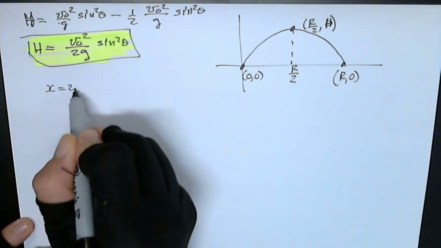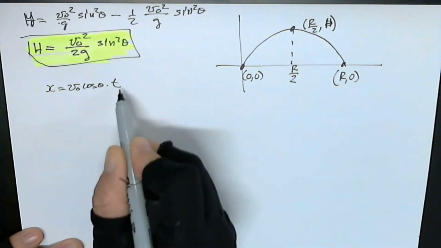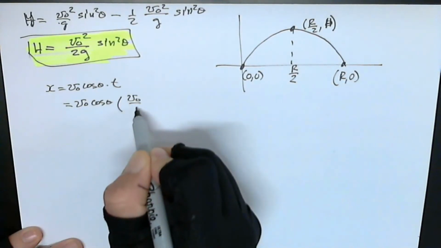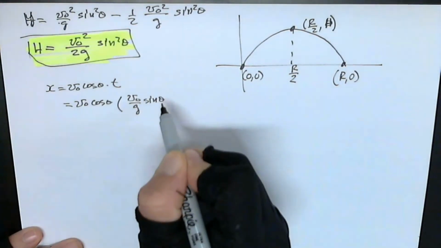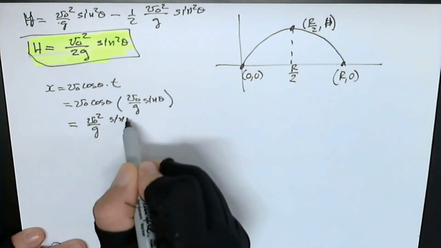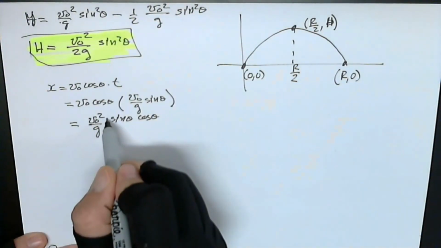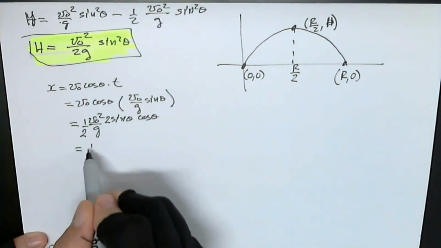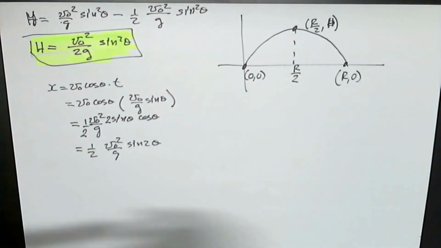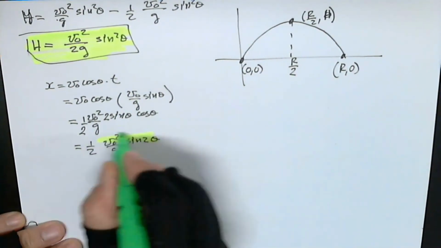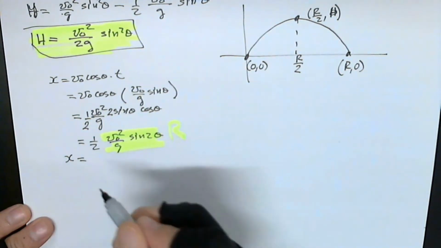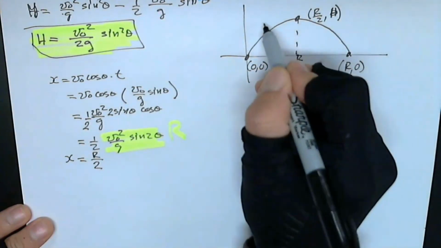We know the equation for x, and we put tau divided by 2, time of flight divided by 2, which is v naught over g sine of the angle, and you get v naught squared over g sine cosine, and we multiply by 2 and divide by 2, and we get 1/2 v naught squared over g sine of twice the angle, and this is r. So x is r over 2.